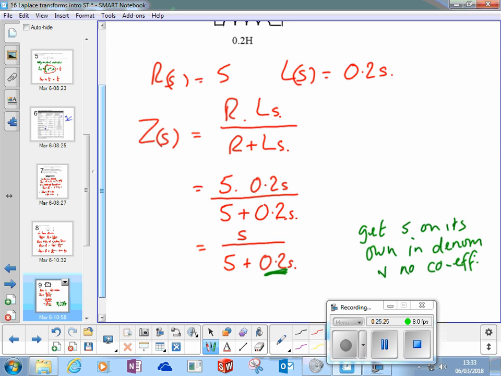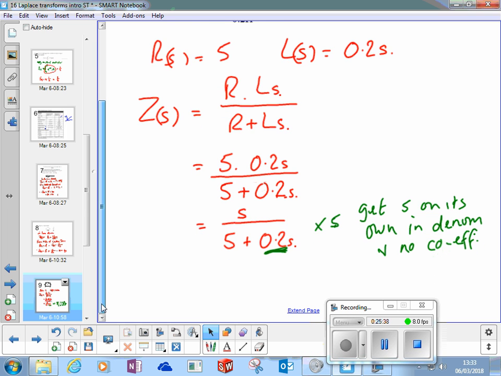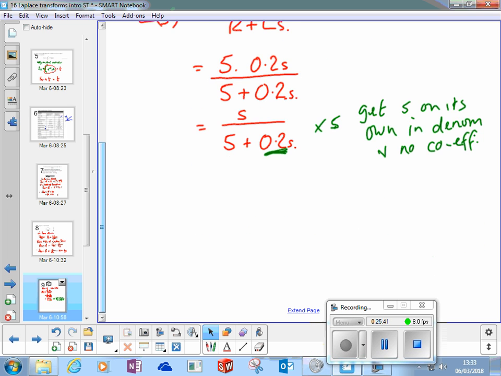Divide the top by 0.2, or we'll turn 0.2 into 1. Multiply by 5. So if we're going to multiply that by 5, we have to multiply everything by 5. So that becomes 5S on the top, 25 there, and S there. I did warn you about 5s and S's.